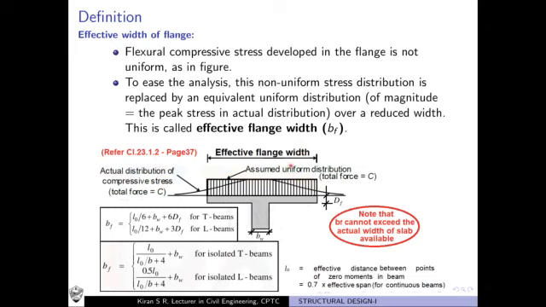So if you do that, you will ultimately get the effective flange width from a set of equations, and you don't have to derive such equations. It is directly available to you from IS 456.